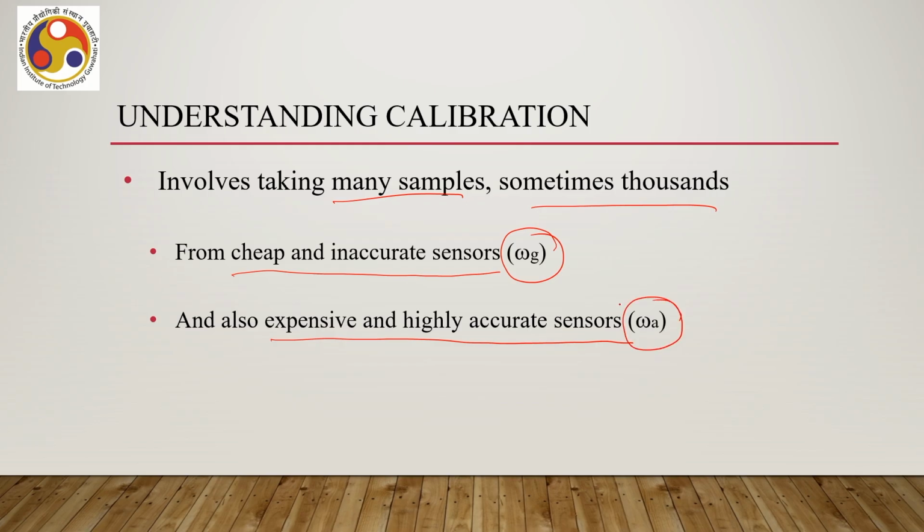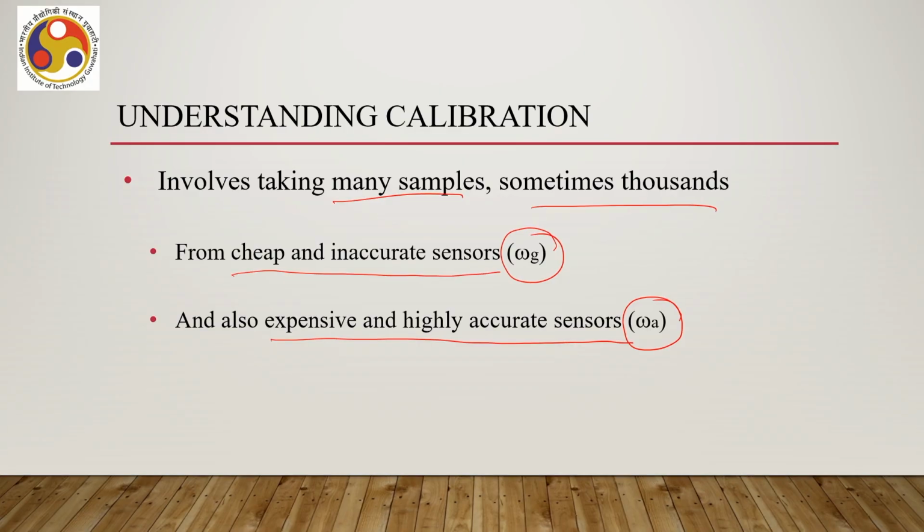Note here that when I say expensive or highly accurate, that can still be not the exact or ideal scenario, but it may be very close. So, the sensor that we are using to represent the real value is supposed to be highly accurate as compared to the inexpensive or inaccurate ones that we are assuming we have.